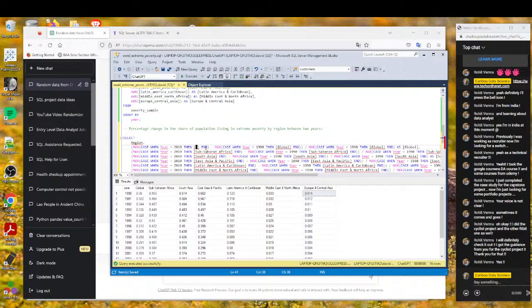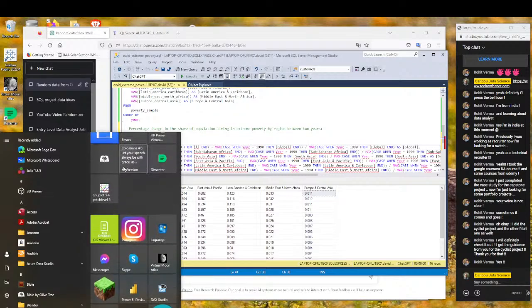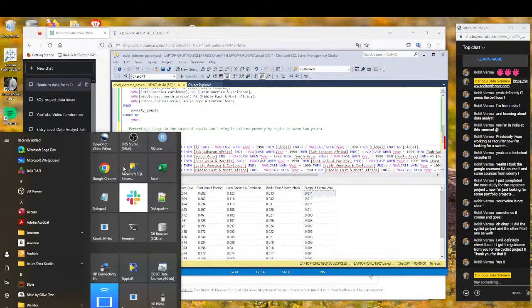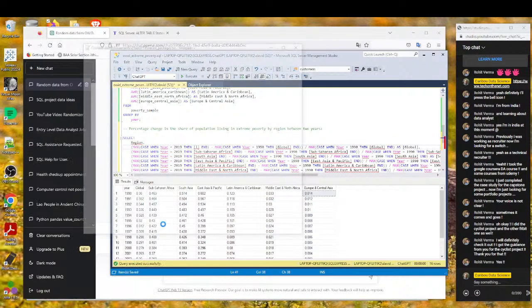You know what? Let's pull this query into Notepad.